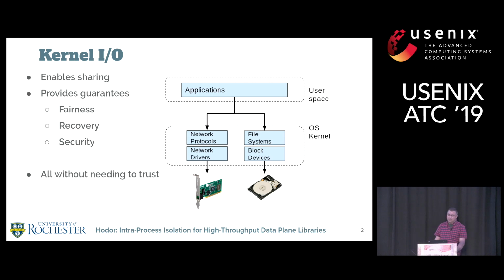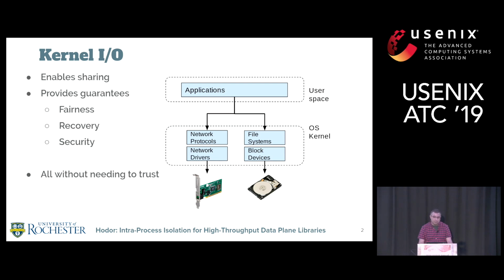In conventional stack design, access to devices is mediated basically by the operating system kernel. It's the responsibility of the OS to multiplex devices and enable sharing of resources among applications, as well as enforce fairness, security, and reliability policies among applications.